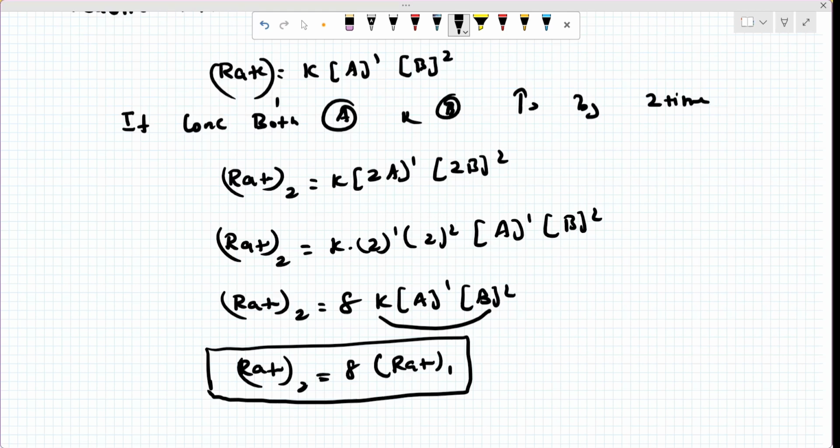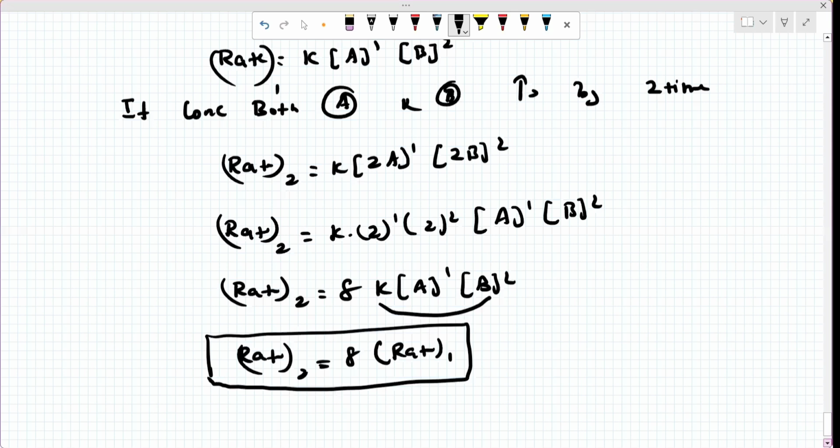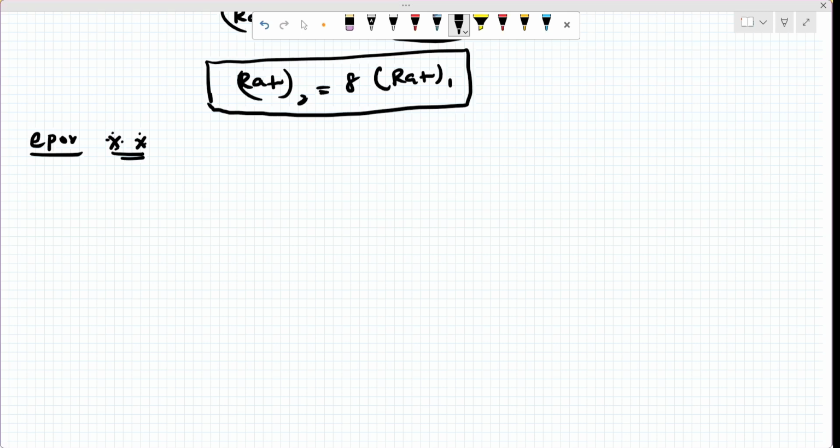Please note. Next, very important point, please note. This order is again an exam point of view. Important point. 60% theory questions, right? TRB. 40% only numericals. Order is an experimental quantity. It is an experimental quantity.